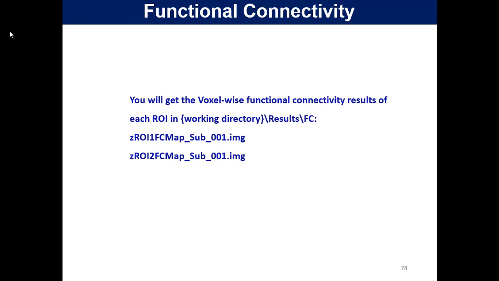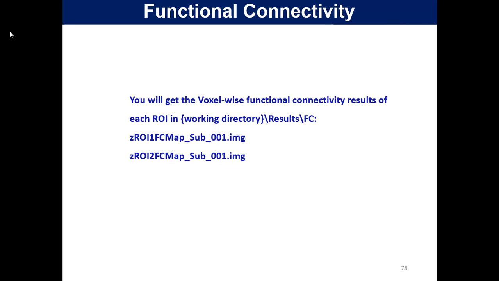And after functional connectivity, you will get the voxel-wise functional connectivity results of each ROI, in the working directory results, and FC, and dash some initials, because that tells you what kind of preprocessing of that file is. And this Z means Z transformed. So we know the correlation, Pearson's correlation, is from -1 to +1. It's not normally distributed.